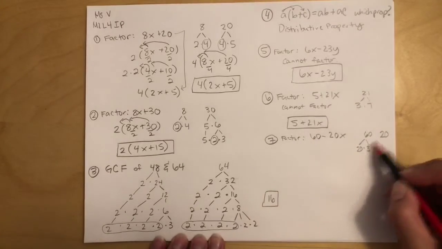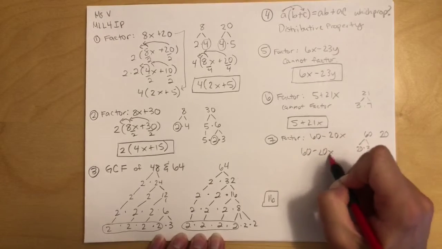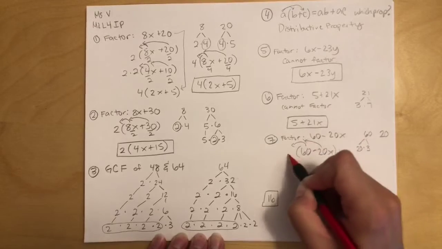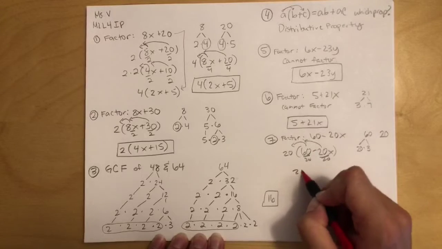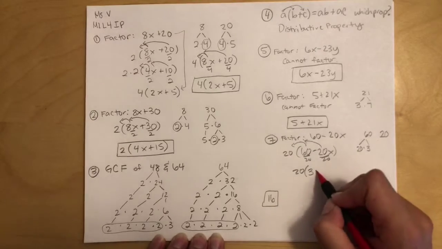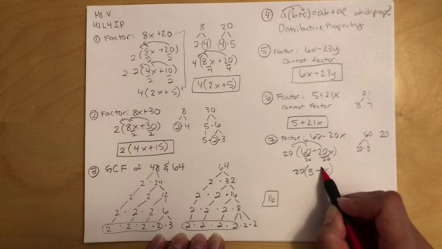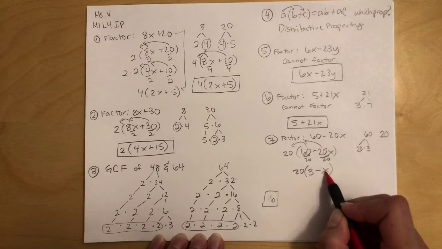So I can pull out a 20. So 60 minus 20x, I'm going to pull out a 20. So I have 20 times 3 minus x. Or you could say 1x, because 20 divided by 20 is 1, but 1x is just the same thing as x.